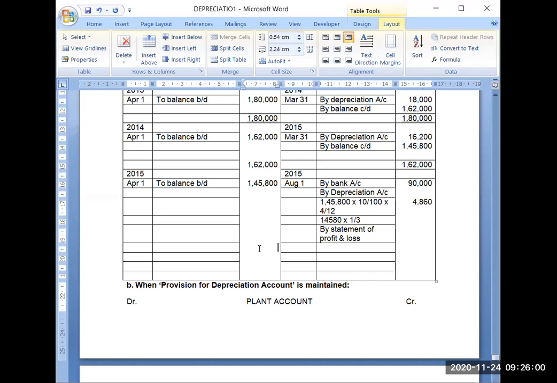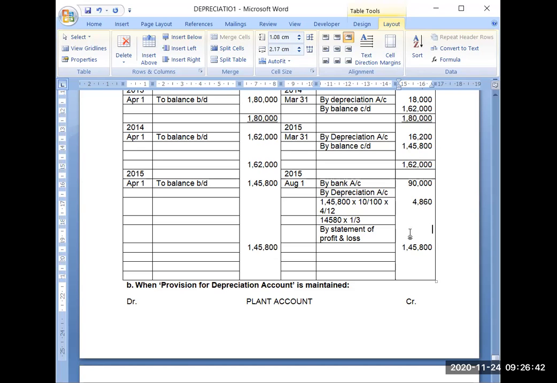So the total will be 1,45,800, and we will subtract 90,000 from it.